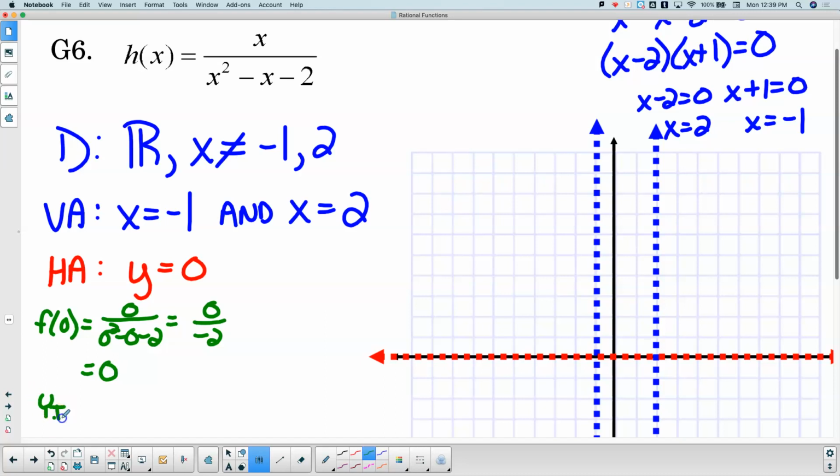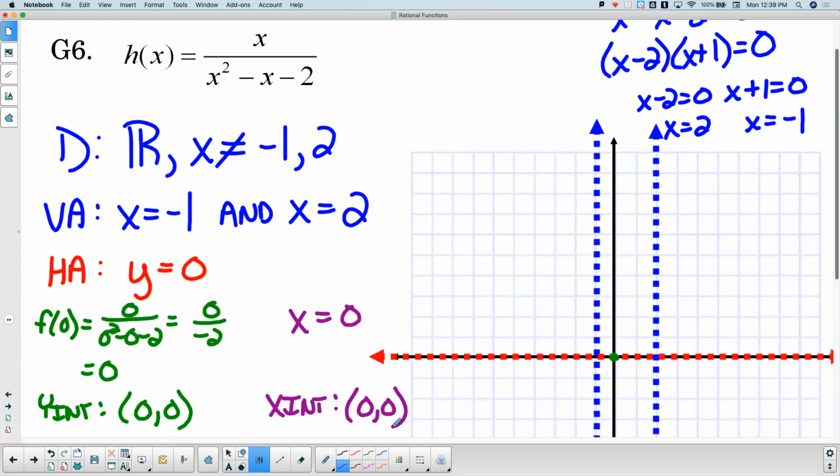Get a y-intercept of the origin. Agree? I also get an x-intercept at the origin.